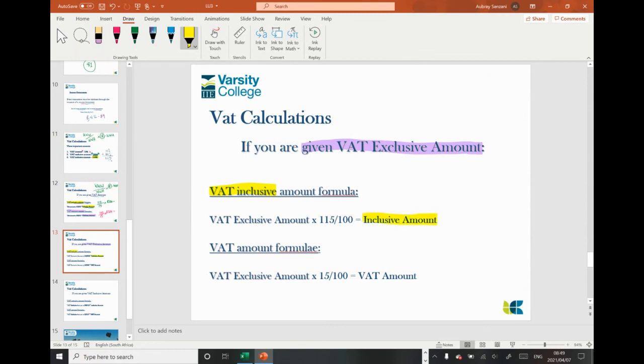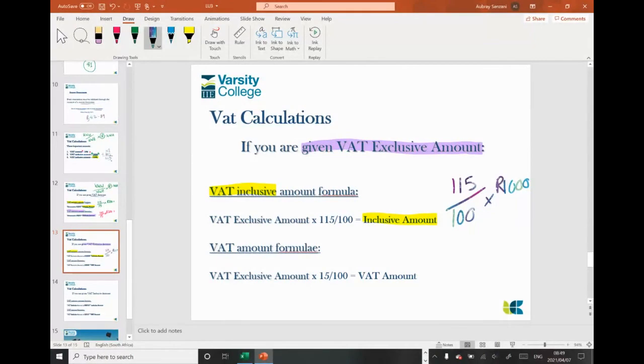Since it's the inclusive, we know that inclusive is 115. What do we have though? This time we have 100, because we know that exclusive is 100. And then obviously times that exclusive rand amount, which let's just say is 1,000, for example. Then we can calculate the VAT inclusive amount.